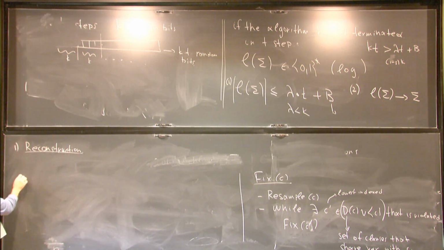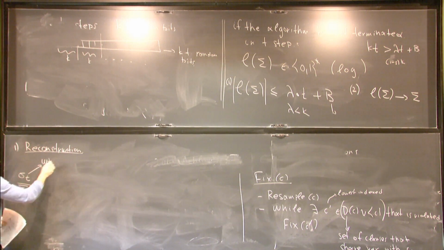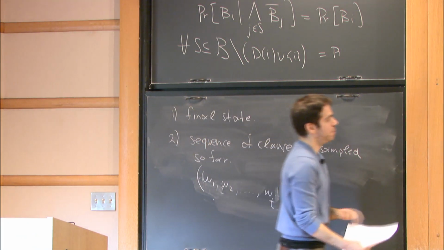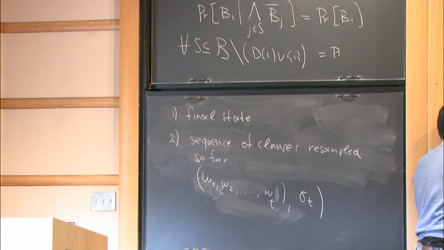We have the final state written down, and now we know that the clause that was resampled before this final step was W_t, because we have written this down as well. So what I'm trying to do is guess the trajectory so far, given my log.